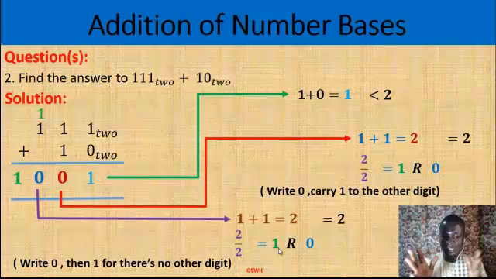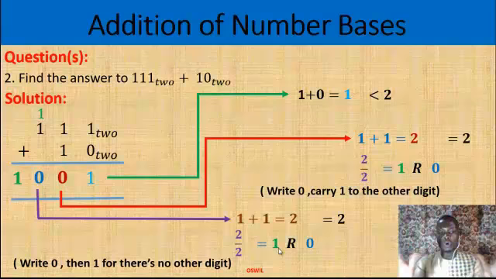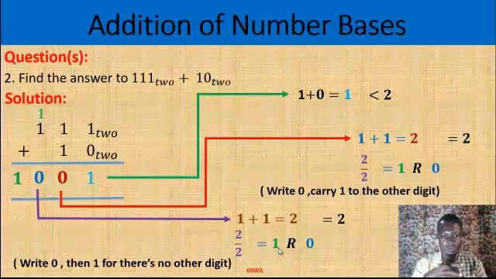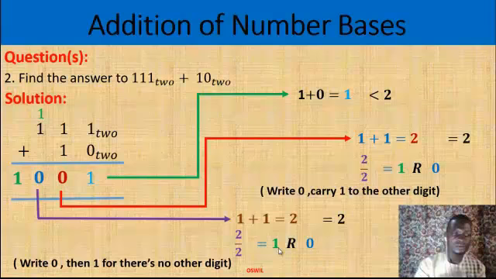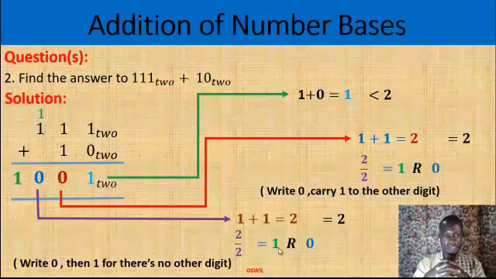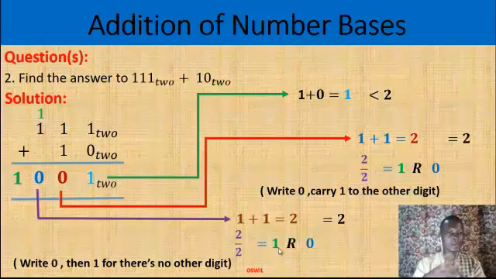So always the quotient comes in as part of the answer when there is no other digit to attend to. So our answer is 1001 base 2, and that is our final answer when we add 11 base 2 to 10 base 2.